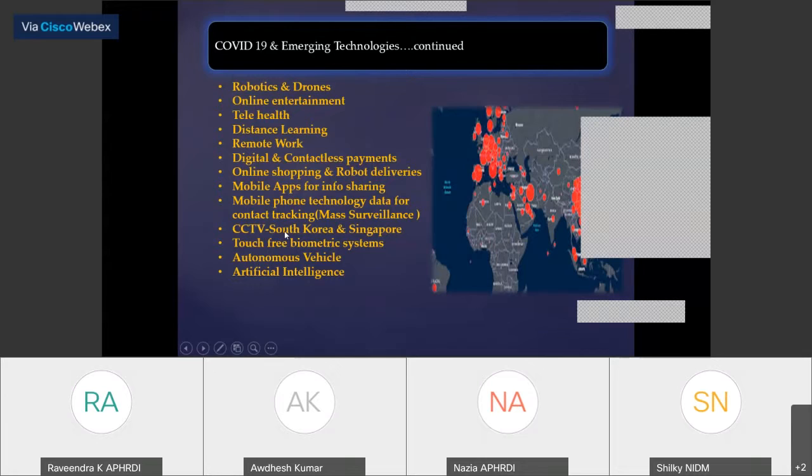CCTV: South Korea and Singapore use CCTV-based technologies to track gatherings at a particular place and take appropriate action to break them up. Then touch-free biometric systems and autonomous vehicles, which are under development and will take time. And artificial intelligence that I discussed in my previous slides.